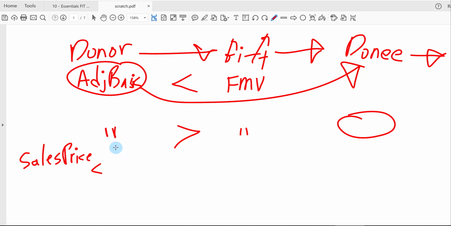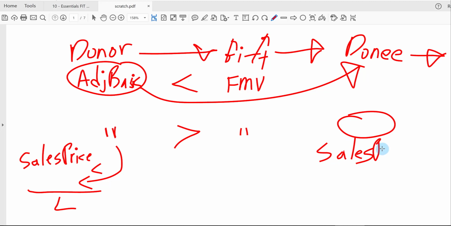What you're going to do is use this adjusted basis to figure out the loss. Now, if the sales price to the donee is larger than the fair market value at the date of the gift, you're going to use this fair market value at the date of the gift and figure out the gain to report.